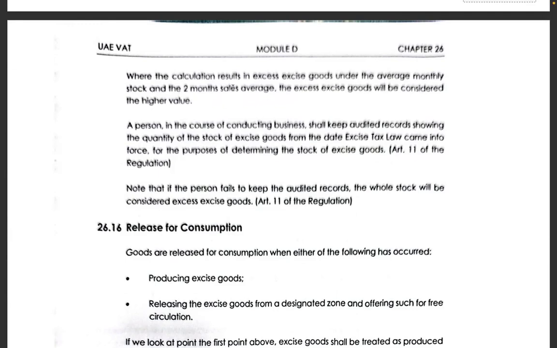So we take two different thresholds. One is the average monthly stock, and then there is the 2 months sales average. Whichever is higher, that will be considered as the excess excise goods.